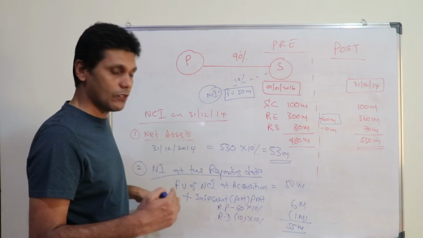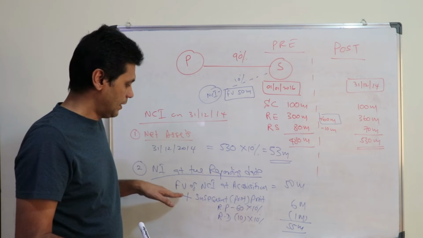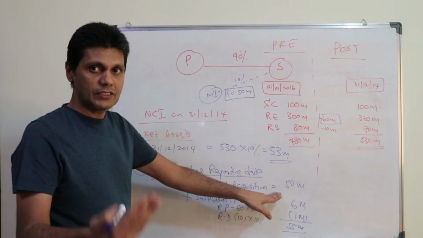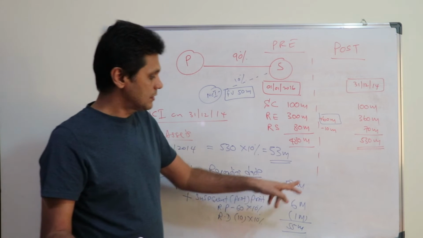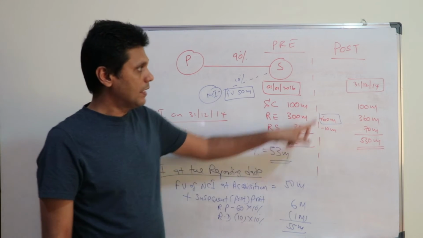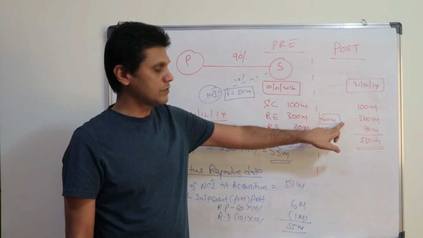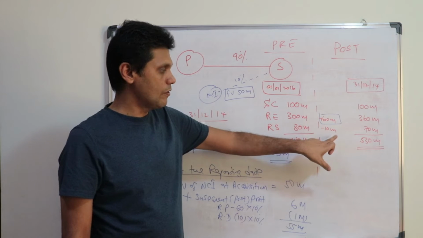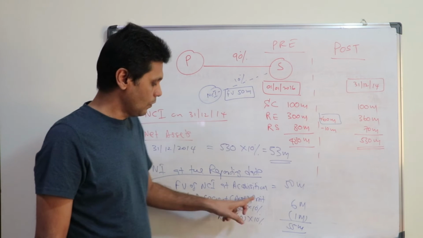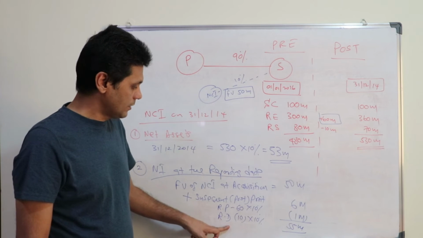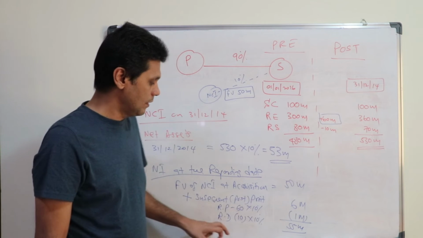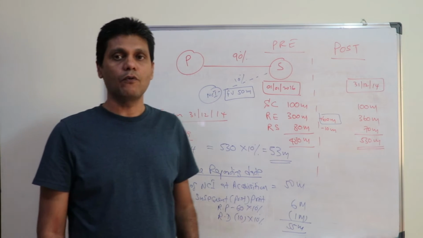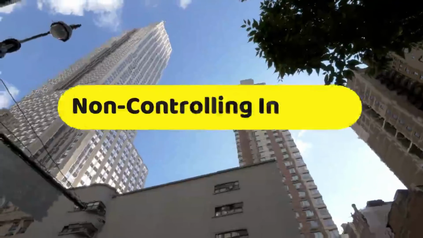Otherwise, if it is based on the fair value, take the fair value and make adjustments for the subsequent profits. Here in this case it was 50 million, and subsequently the company made a profit of 60 million, and there was a revaluation deficit of 10 million. Once you make those adjustments, you can arrive at the non-controlling interest at the reporting date.